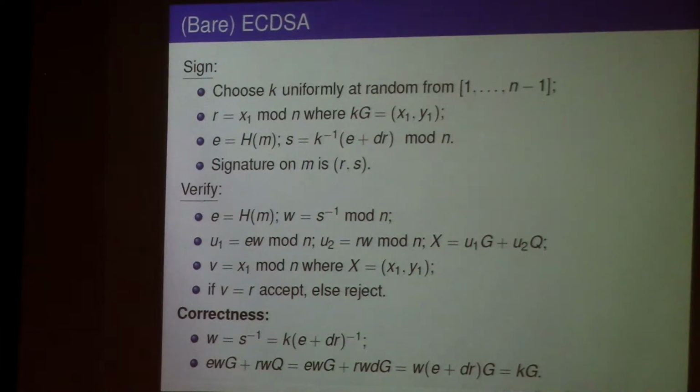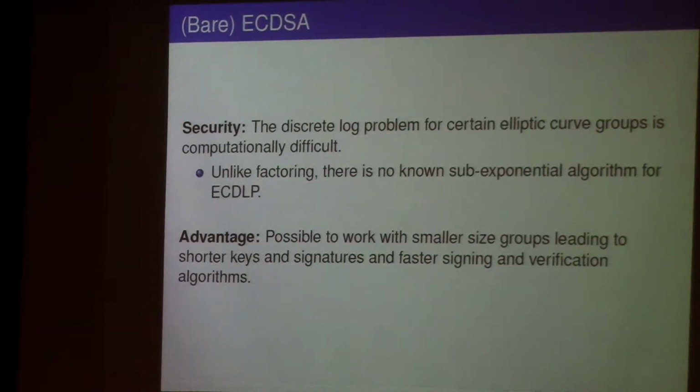That's the cost. Now, the security of ECDSA is based on the fact that the so-called discrete log problem for certain elliptic curve groups is computationally difficult. Factoring, I also mentioned, is computationally difficult, but there is a difference between the computational difficulties. For factoring, there are what are called sub-exponential algorithms. So while they are not very efficient, they are somewhat efficient.